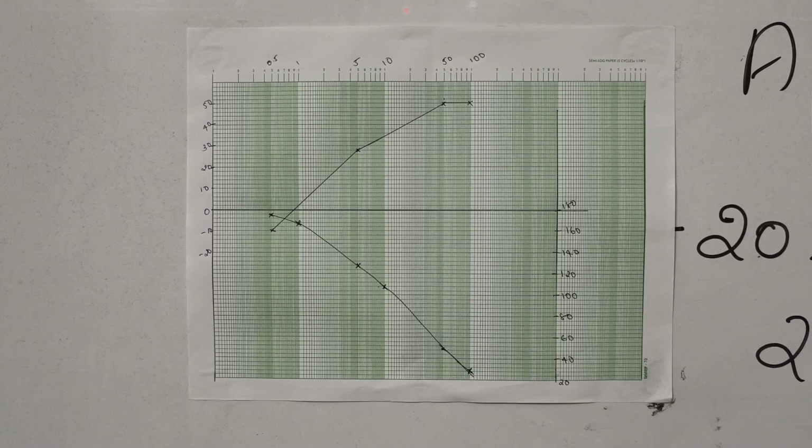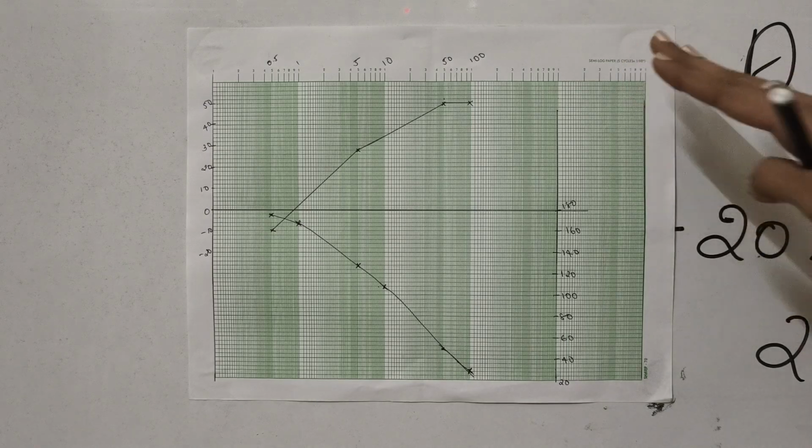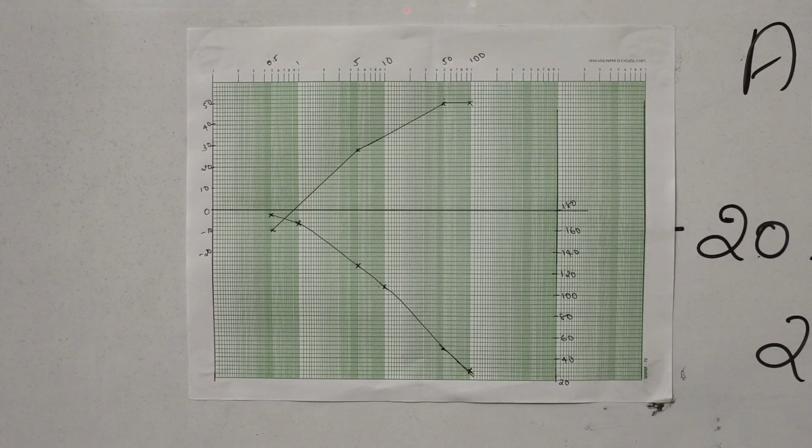In the semi-log graph, we already have the log omega values or the frequency values here, and on the left side I take all the gain values. Our gain values range from minus 12 dB to 48 dB, right?